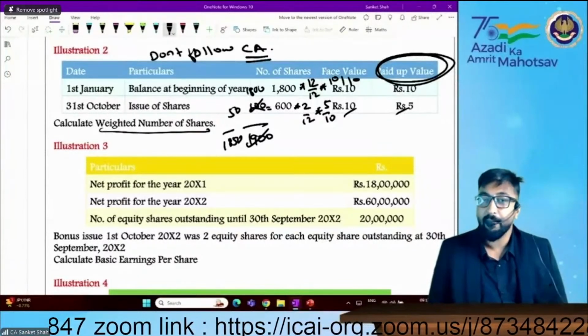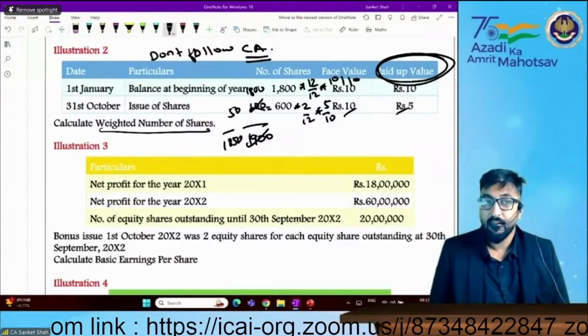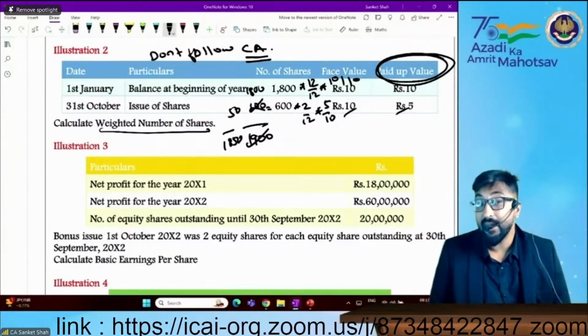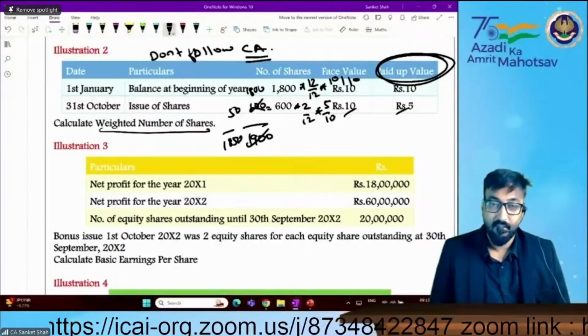Got the concept? Very easy. So the answer is not 1900, the correct answer is 1850.